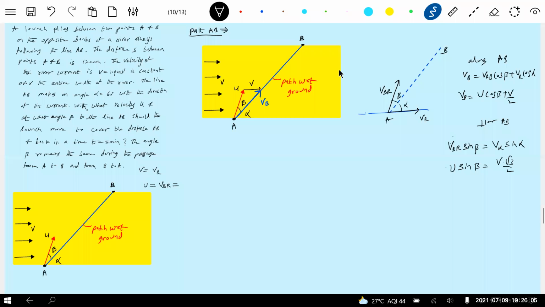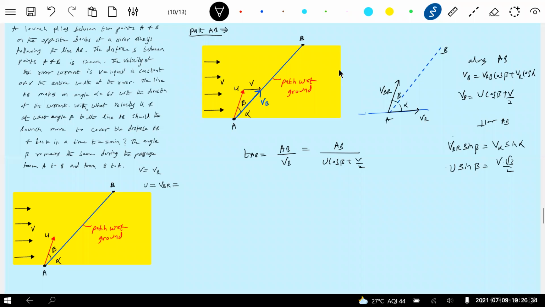Keep it here. So now cos beta you can replace in terms of sin beta. So let's get into the time taken to move from A to B. That should be equal to AB by VB. What is VB? U cos beta plus V by 2. U sin beta we know it. U cos beta is needed. So that I'll substitute here.